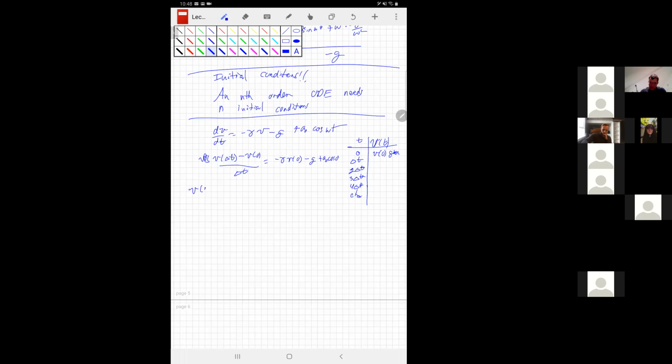And so I get that v of delta t, multiplying all of that by delta t, is equal to delta t times minus gamma v of 0 minus g plus a naught cosine of 0, plus v of 0.